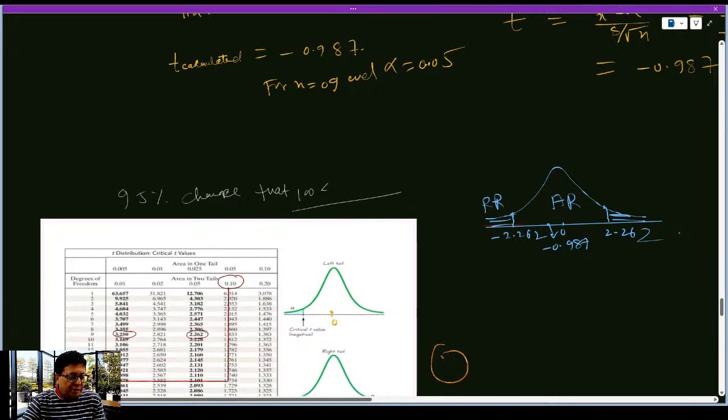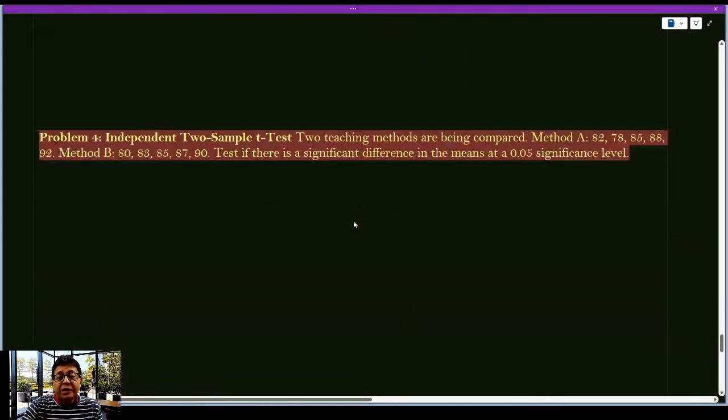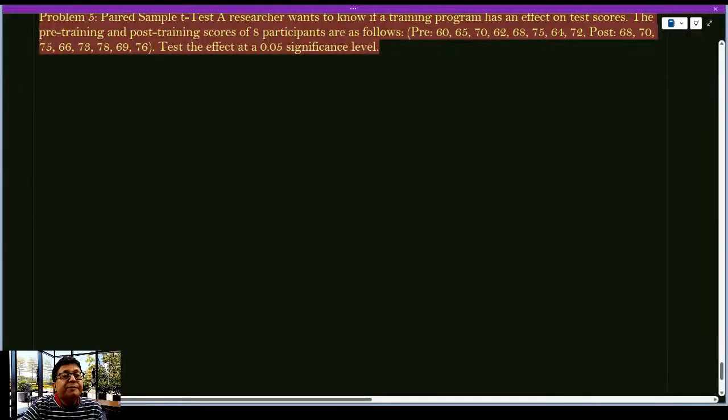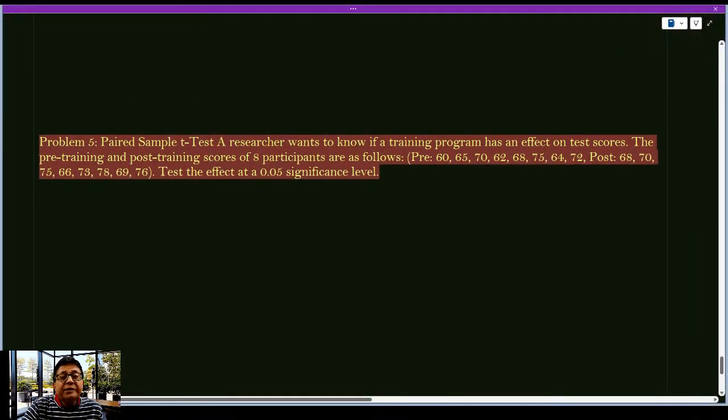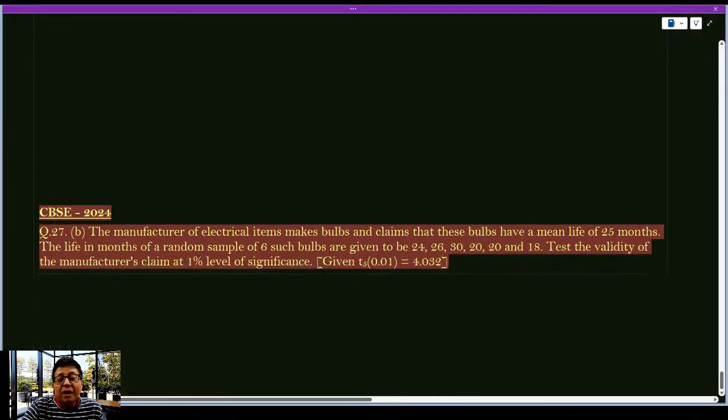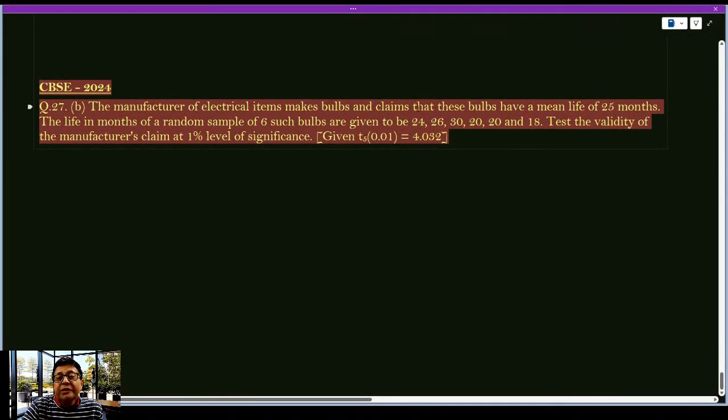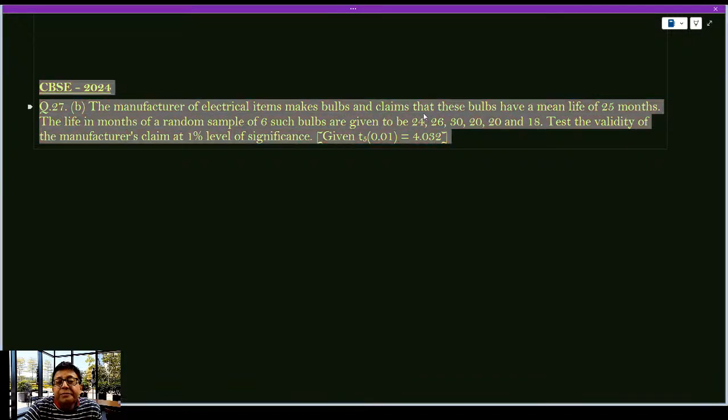Hope you have understood. Now, let us see a problem which was asked in your board paper, CBSE paper. Because I have taken enough time today, I will not take much time. All the questions I have shared with you, I will not be discussing. Let us do this one. The manufacturer, just go through the sum.